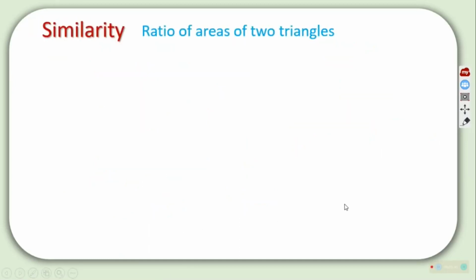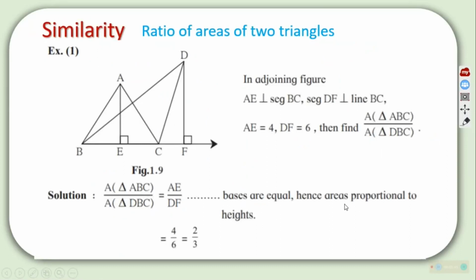Similarity chapter continues regarding ratio of two triangles. There are some examples given in your textbook. Examples will be application of what you have learned. It is given that in the joining figure we have AE perpendicular to BC, and DF perpendicular to line BC. There are two heights given.